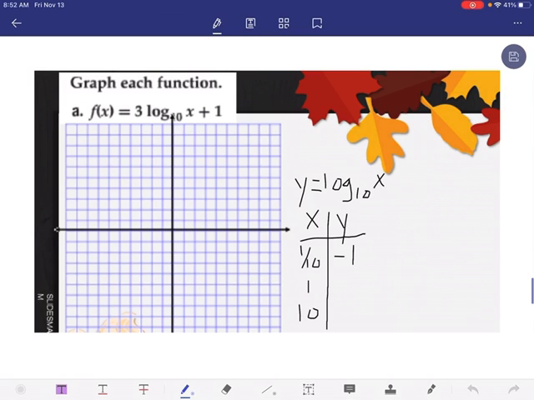And then this time we'll get out -1, 0, and 1. If it's helpful, you can always make the exponential chart first and then just switch all of those values. Sometimes that's helpful to actually see the opposite and then switch it instead. So let's go ahead and graph that starting graph.